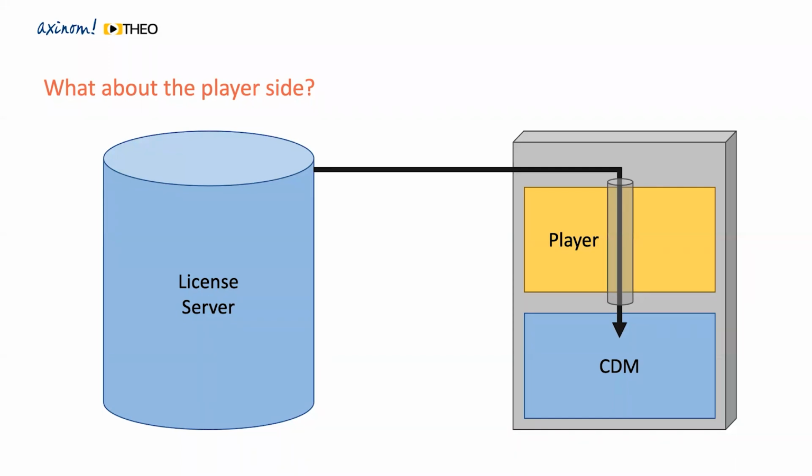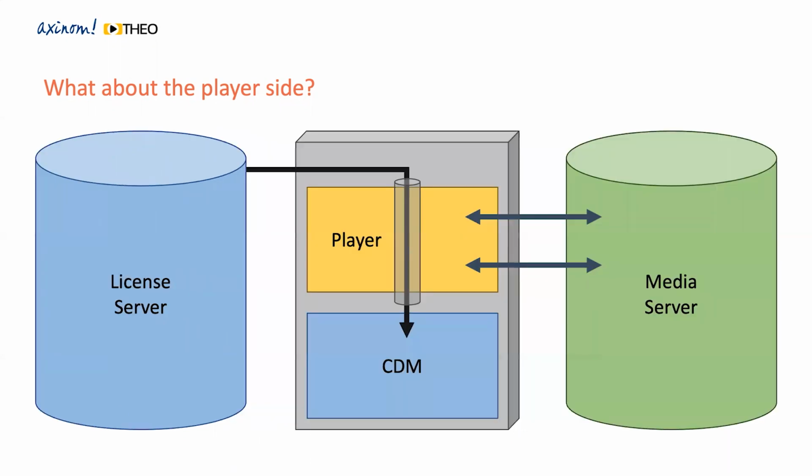The player actually has quite a large impact. The reason is that while the raw license data just has to be passed into the CDM, there is a major integration point with the different streaming protocols, such as HLS and MPEG-DASH, which are some of the most popular streaming protocols today.